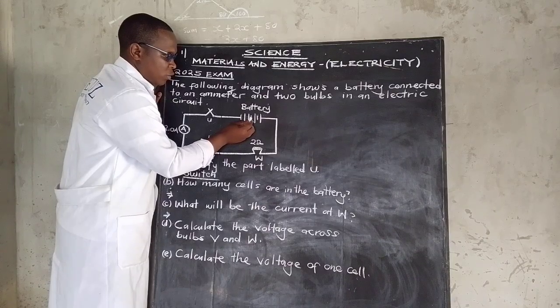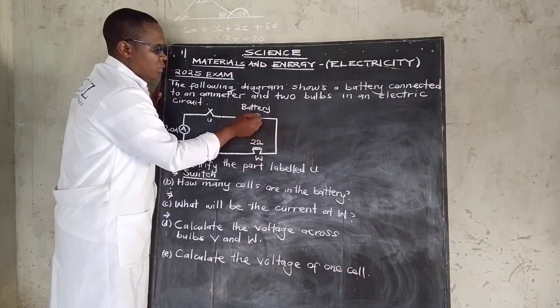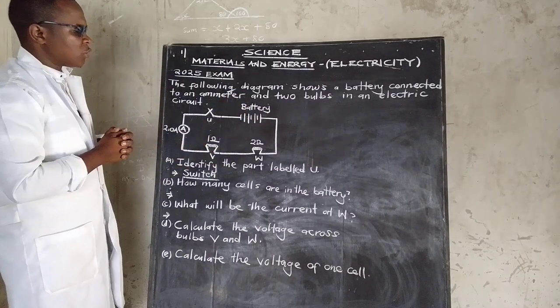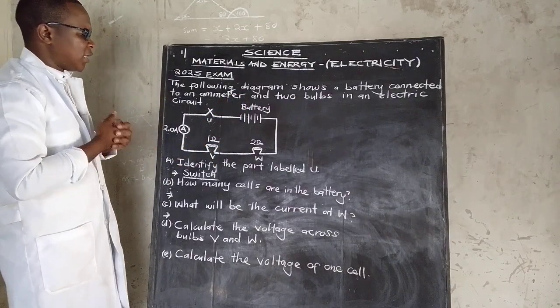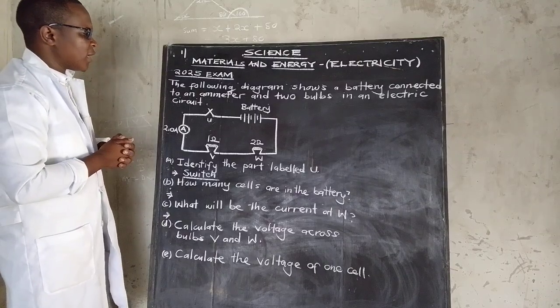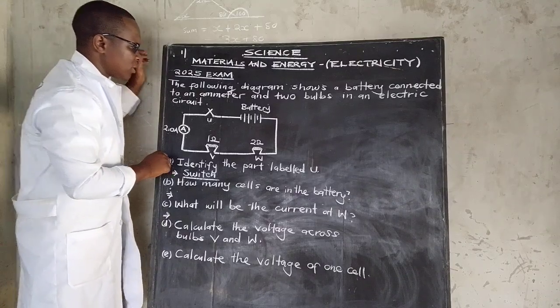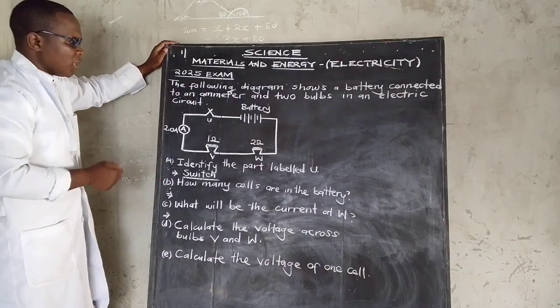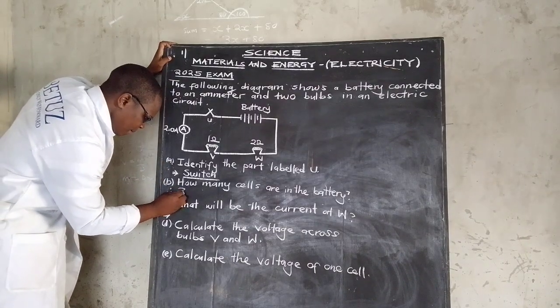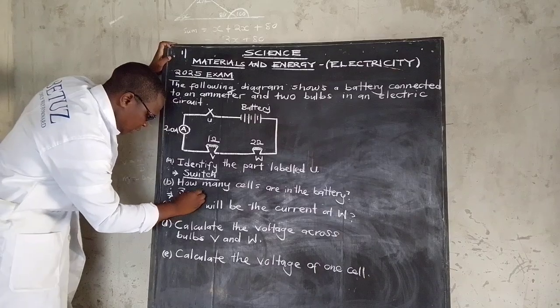A long pole and a short pole makes 2. A long pole and a short pole makes 3. So in this case, we have 3 cells. So the answer is 3 cells.